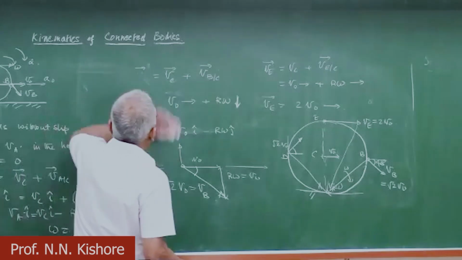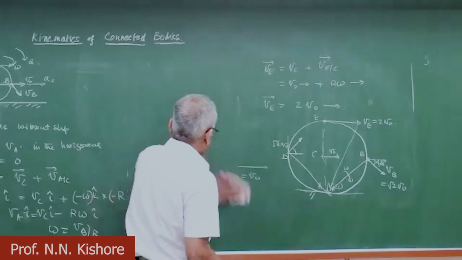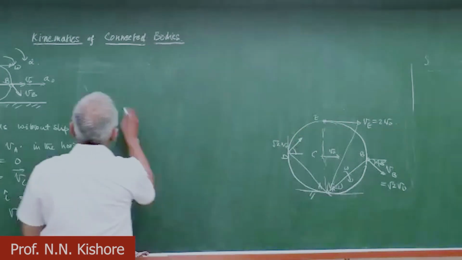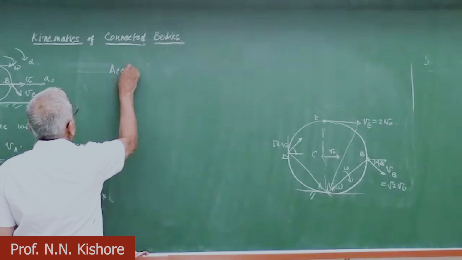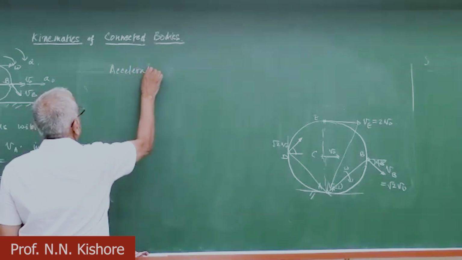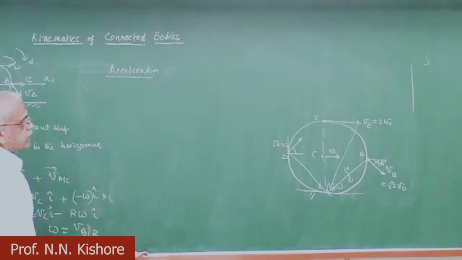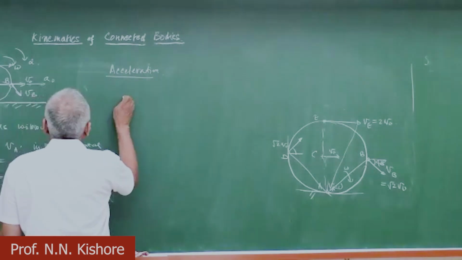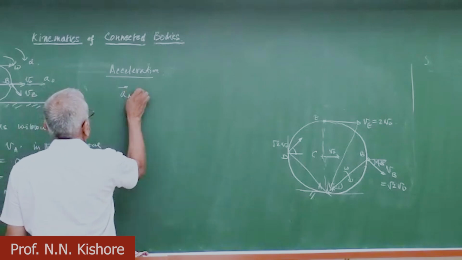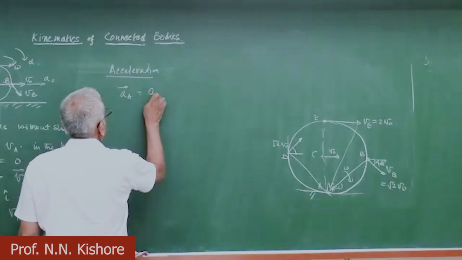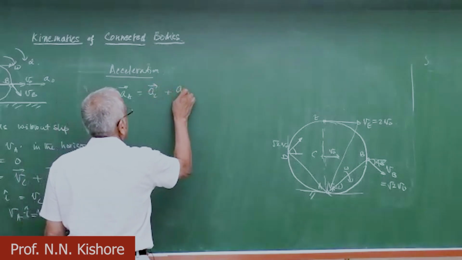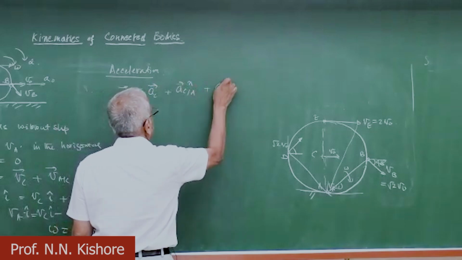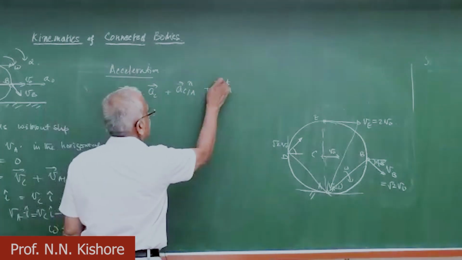Okay, so these are the velocities. Now let's look quickly at the accelerations. If the acceleration of this one is a naught, then we can find out the acceleration of everything else. For example, we can find out acceleration of A as acceleration of C plus A with C. I'll straight away write a normal, and A with C tangential.